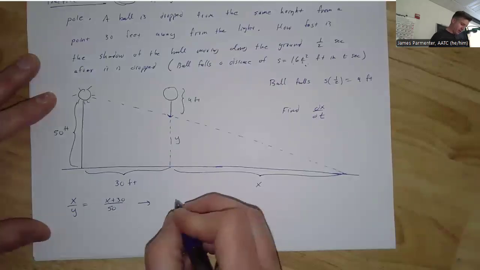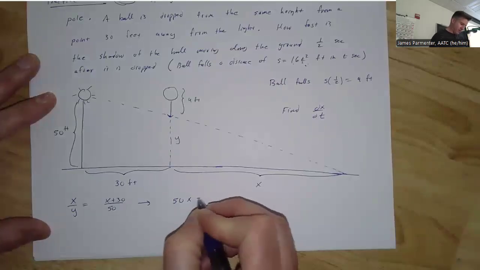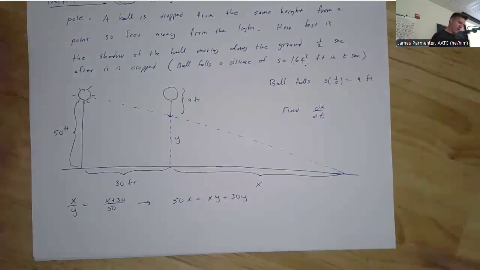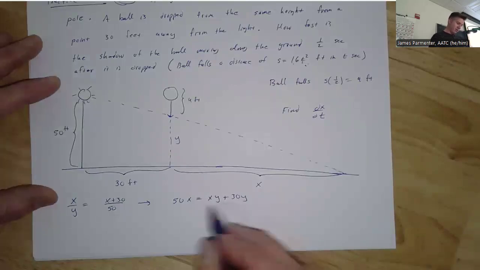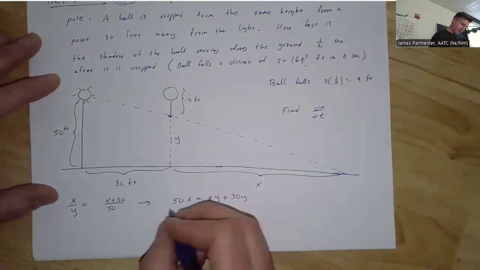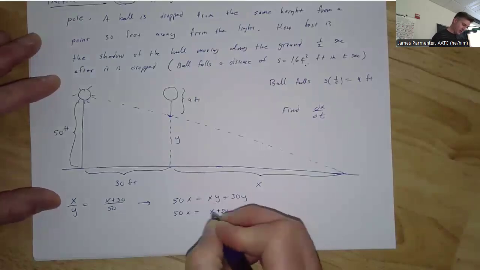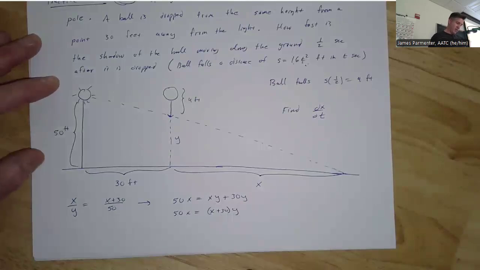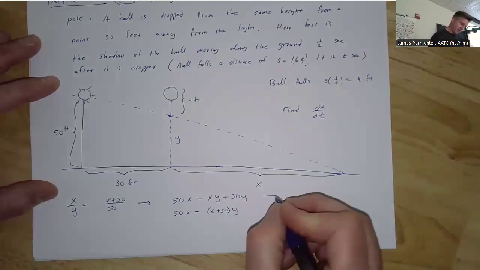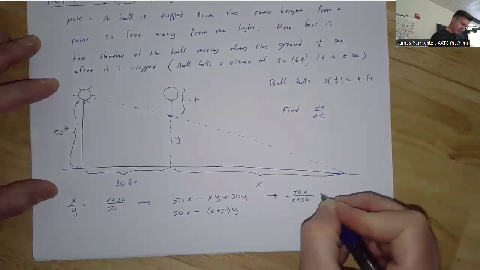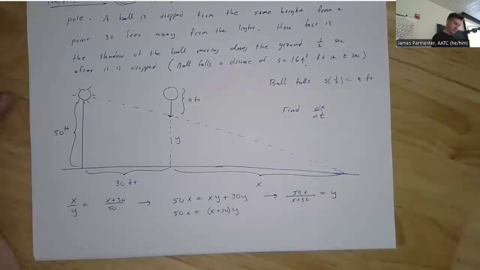So we cross multiply, we get 50x equal to xy plus 30y. I do not love an xy plus 30y. So let's not distribute the y here like I did. Let's rewrite it as 50x equals x plus 30 times y. And let's just leave the y by itself and get 50x divided by x plus 30 equal to y. Yeah, is that what I really want?